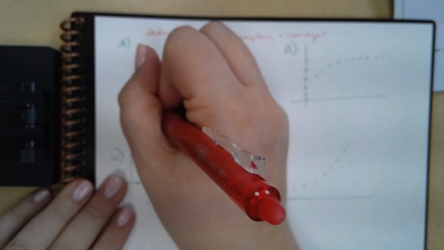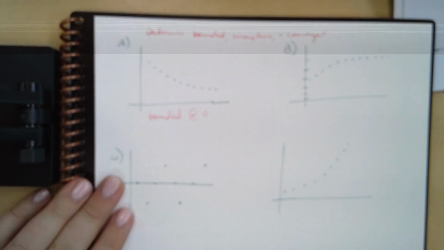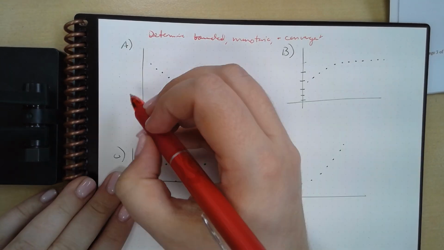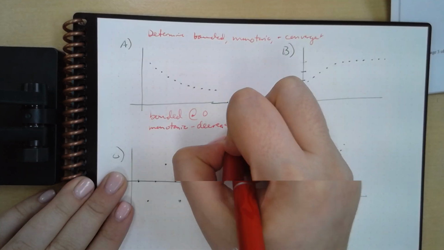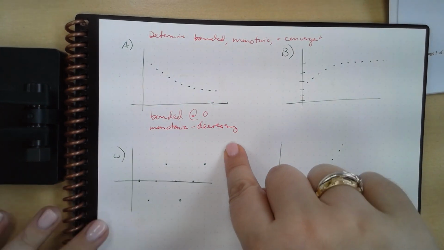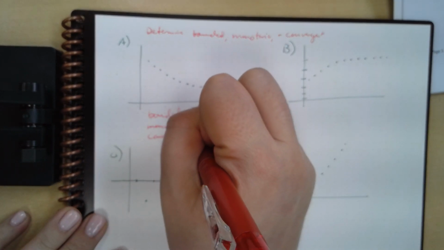Well, actually, yes, it is. This is bounded at 0, right? Is it monotonic? Is it strictly increasing or strictly decreasing? Yes, it's monotonic. It's decreasing. So if it's bounded and it's monotonic, then it's convergent. So it converges where? Converges actually to 0 in this case.